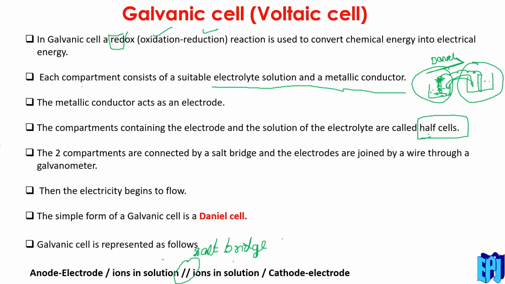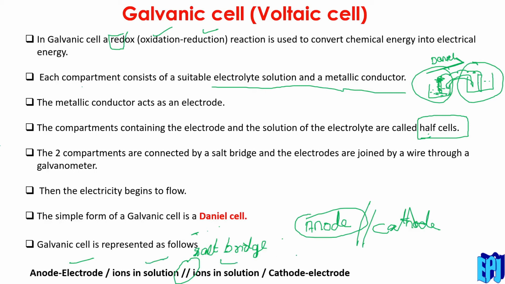First of all, you have to write about anode, then about cathode. When dealing with anode, first you have to write the electrode, then the solution. In case of cathode, first is solution or ion, then electrode.